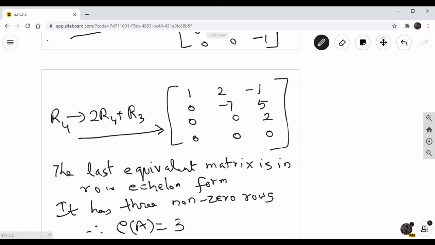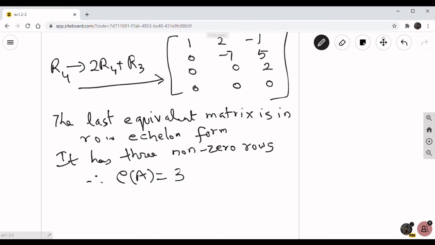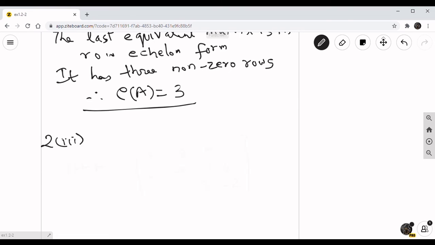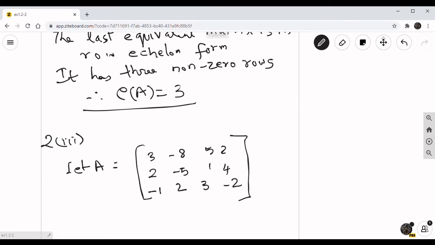So with this we finished this sum. We have found out the rank. We'll move on to the third sum of this second sum. Now let A be. There are different types of adjustment.